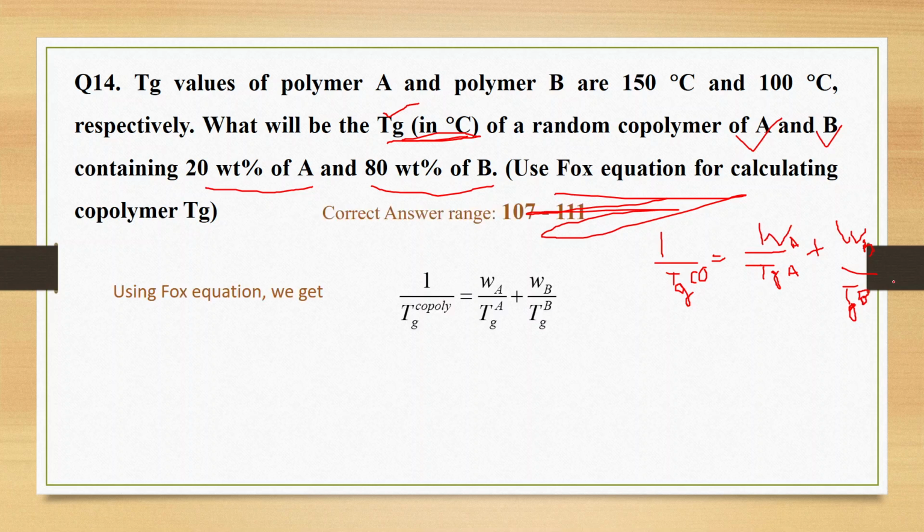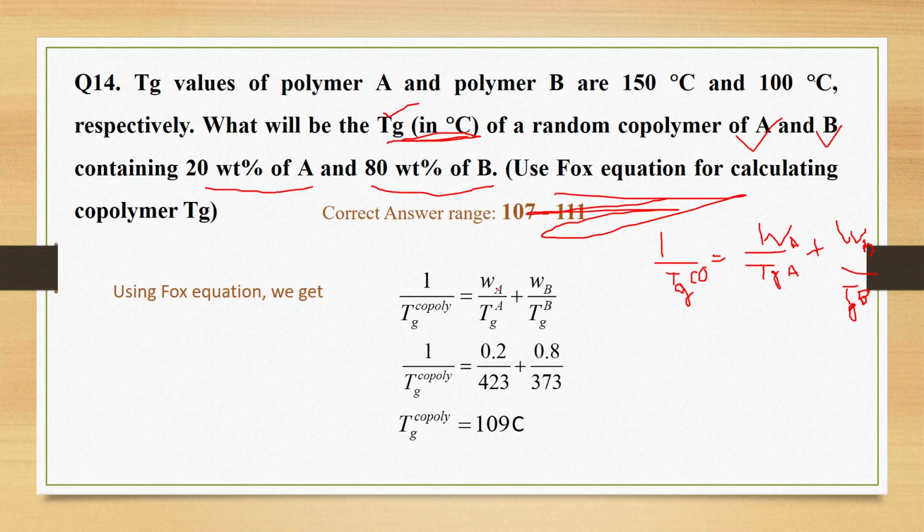Okay. So the correct answer range was, the correct answer should be 110. I don't know, I have got 109. There might be some calculation error in this case. But the range was given from 107 to 111, and most of you have answered 107. So obviously this was our formula.